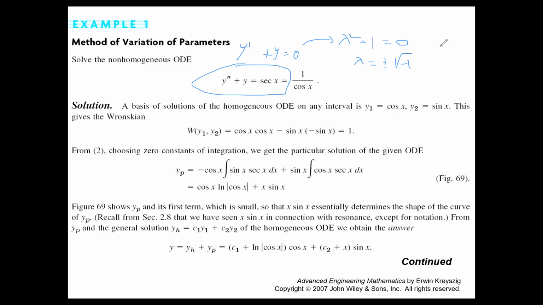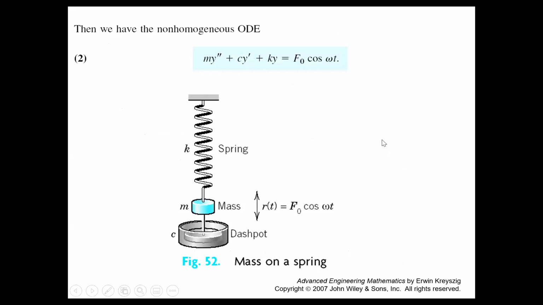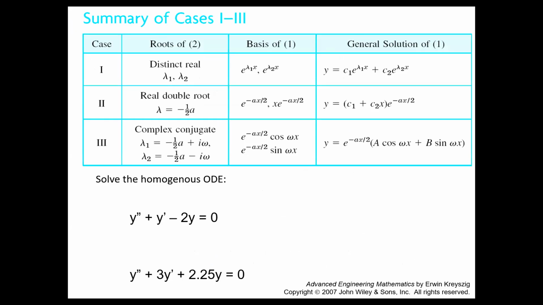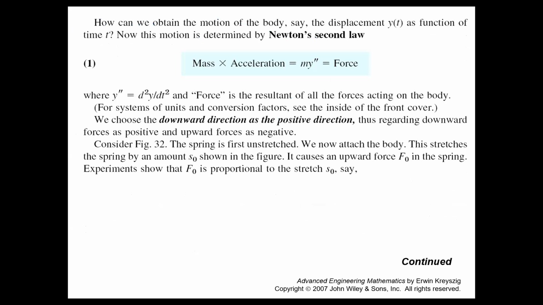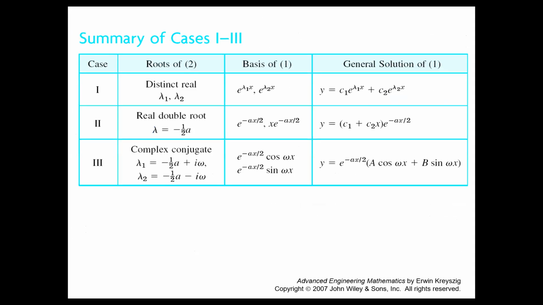Yes, so also plus minus i, imaginary. Let me go back to our homogeneous solutions a little bit, very quickly. If you have imaginary solutions, this will make a complex conjugate, and here a is equal to 0. So you have plus minus i omega.